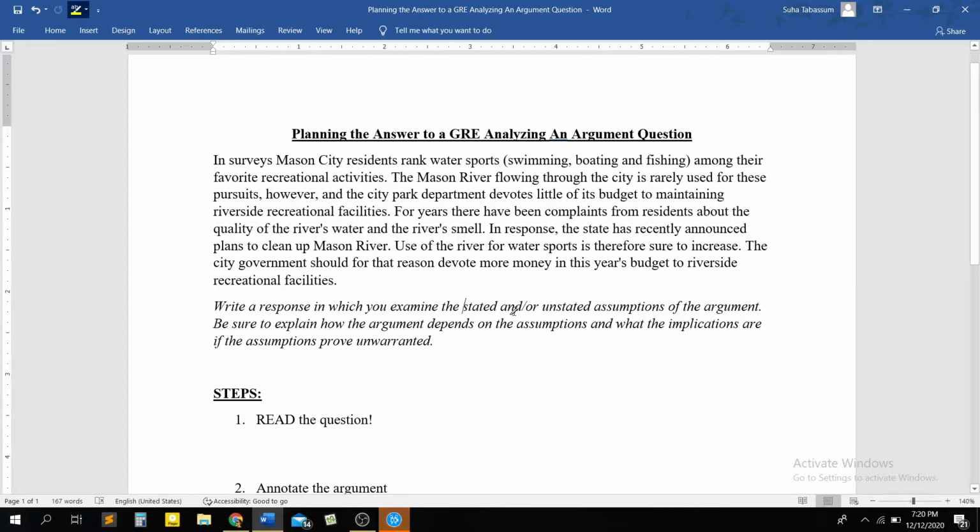And it also told us to explain how the argument depends on the assumptions and what the implications are. So what this basically means is to find the assumptions and tell us how the passage here depends on these assumptions. Like if these assumptions were untrue, then this argument would be completely false. So that's what we're going to be doing.